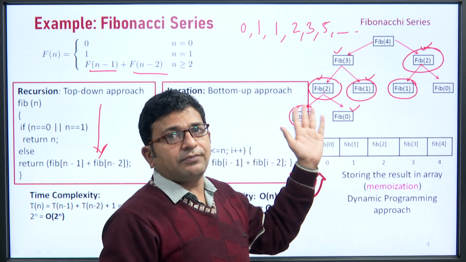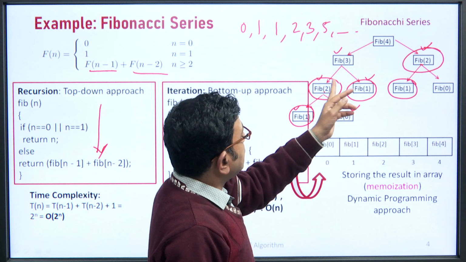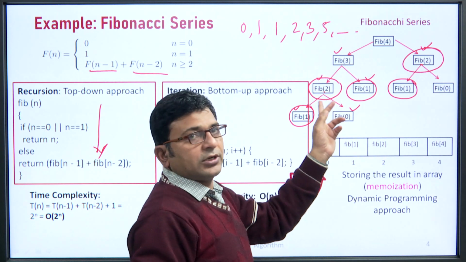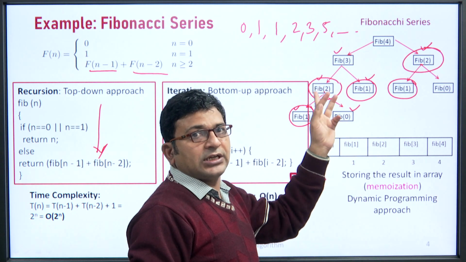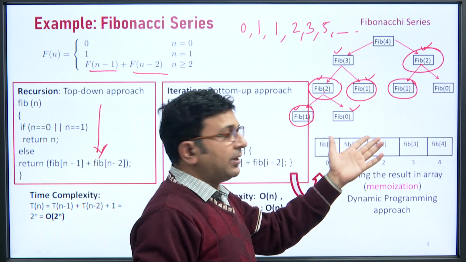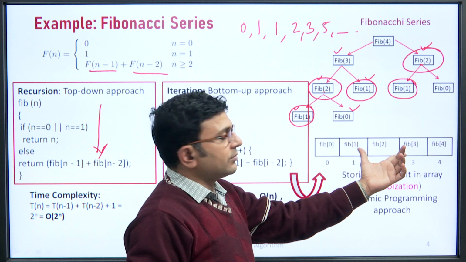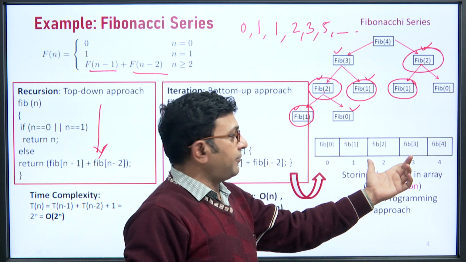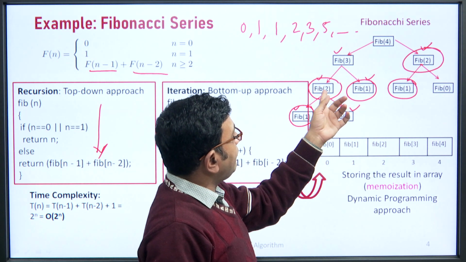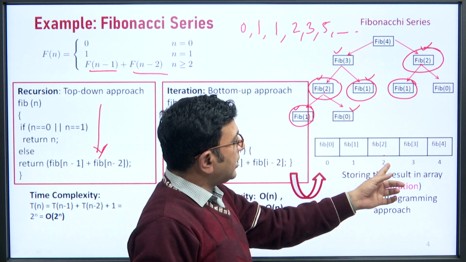What happens in the case of dynamic programming? Once the Fibonacci 2 sub problem is solved, its answer is saved in the table. The table here is an array. So, the value of Fibonacci 2 is stored here at index 2.